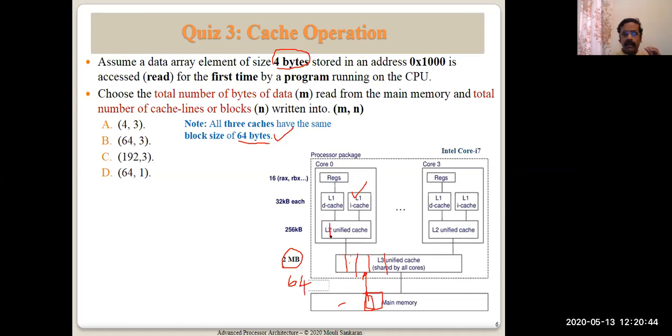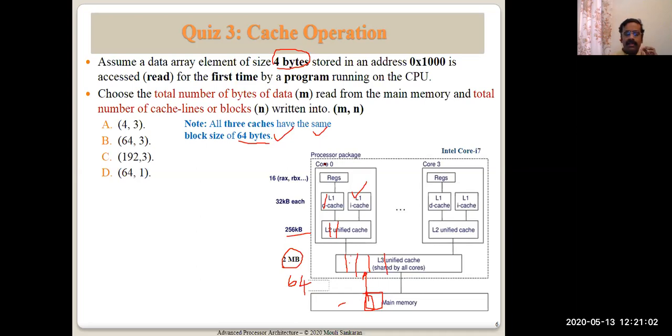Here it will be less, because total cache size is a little less than 2 MB. So here also the block size is 64. Similarly, this also has block size 64. Okay, this is another input based on this line.